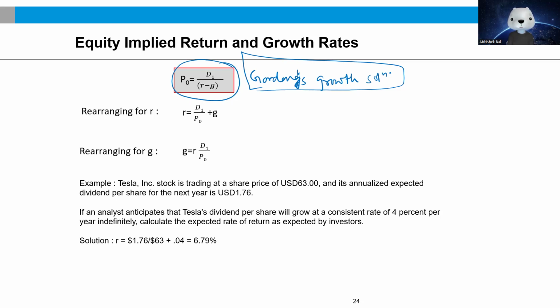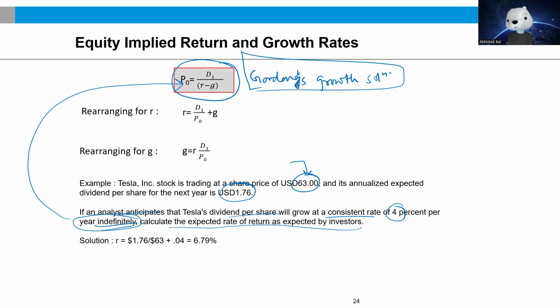Just to make the point, an example of Tesla has been taken, which is trading at 63, and the annualized expected dividend is 1.76. Tesla's analyst says that Tesla's dividend is likely to grow at a constant 4% indefinitely. The word indefinitely here is important because that allows us to make use of this equation.